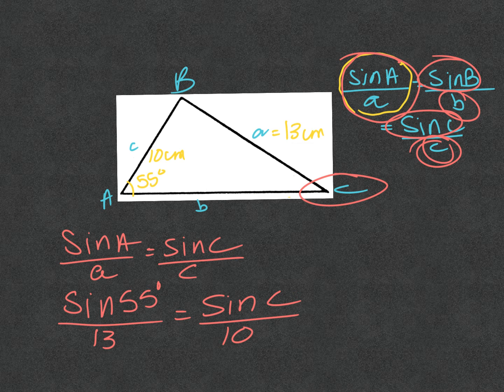You're going to multiply your 10 here by sine 55. So 10 times sine 55. I like to click enter, otherwise, if you forget to close the parentheses, it doesn't work. And we're going to divide it by 13.